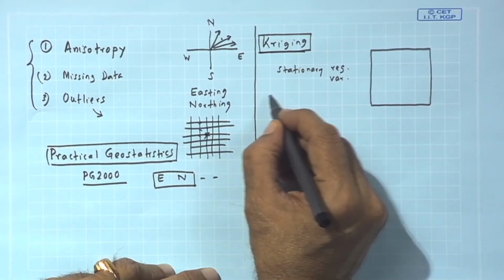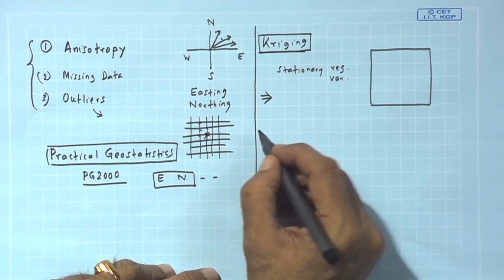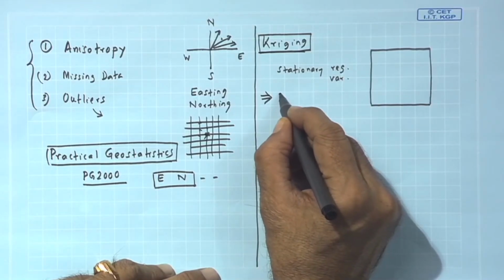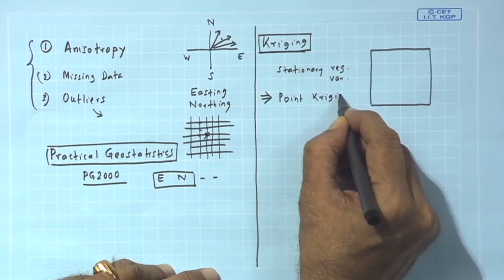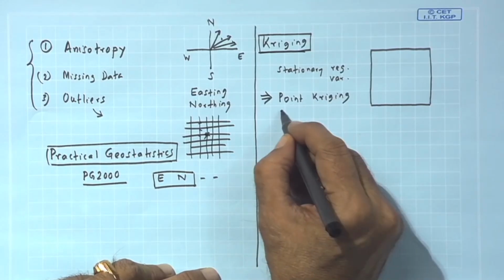We will first look at the method known as point Kriging or punctual Kriging.